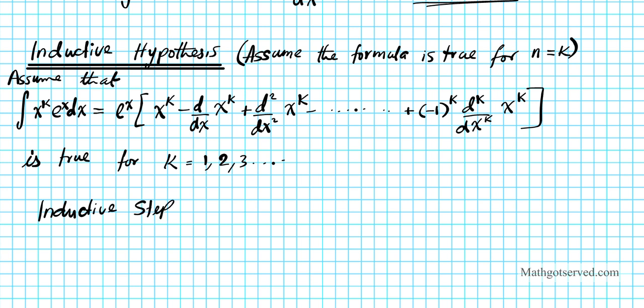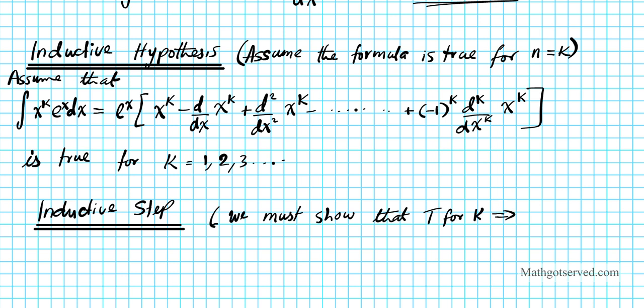So what are we going to show in the inductive step? We must show that truth for k implies truth for k plus 1.